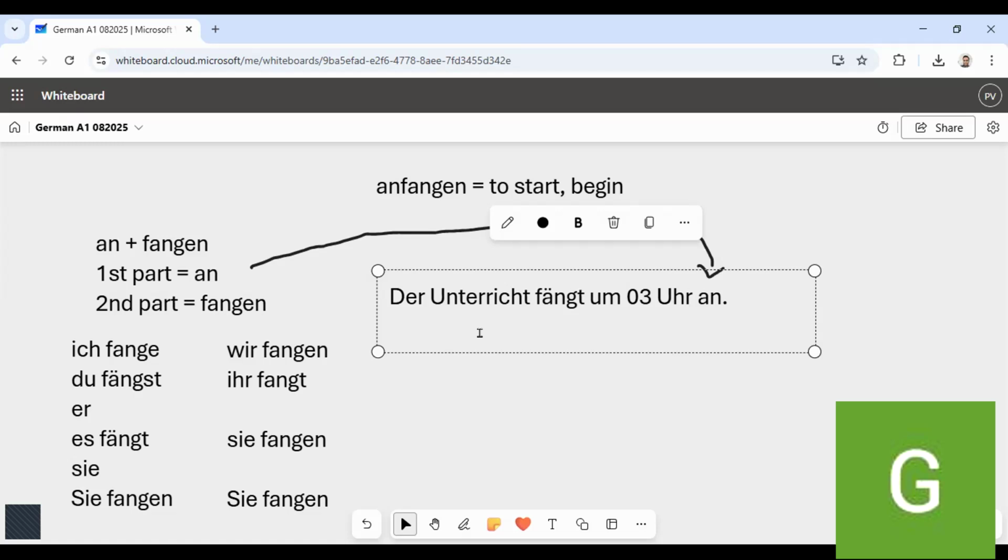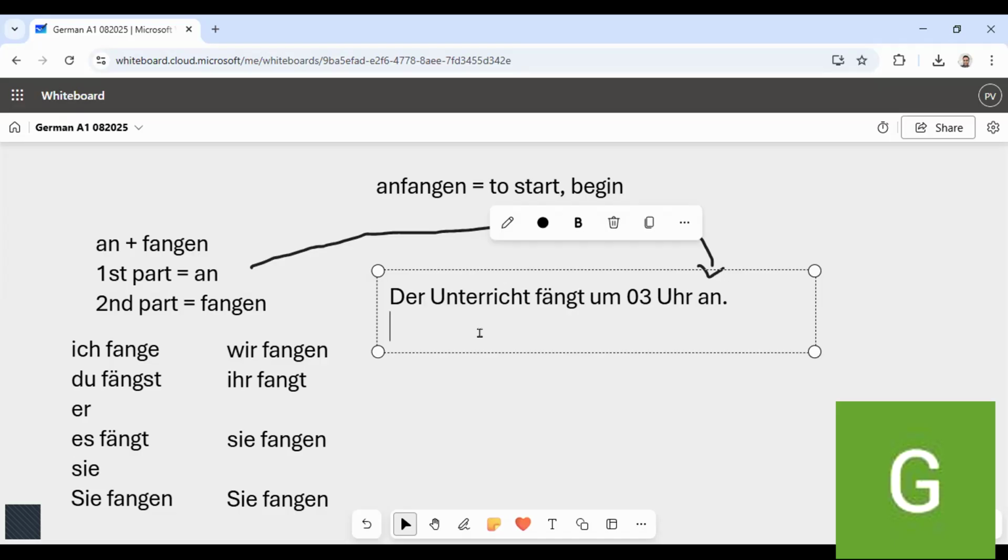Suppose I want to say the film will start at 6 o'clock. How can you frame it? The film. What is the film?